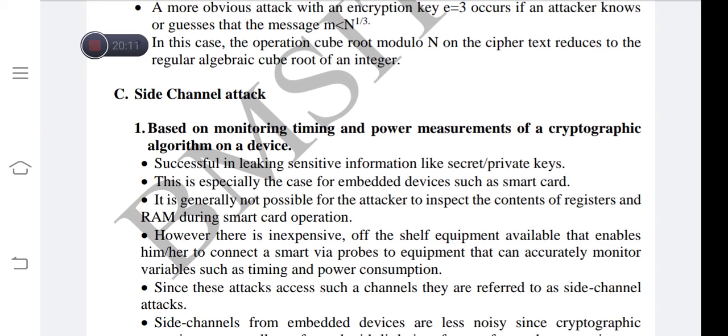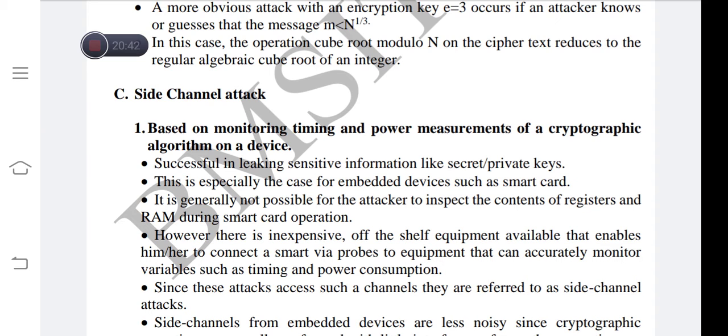This method is very successful in leaking sensitive information like secret or private keys. This is especially the case for embedded devices such as smart cards. It is applied basically on embedded devices.